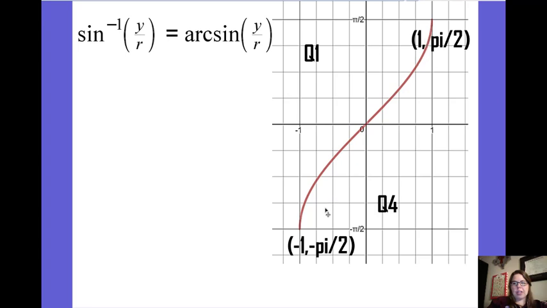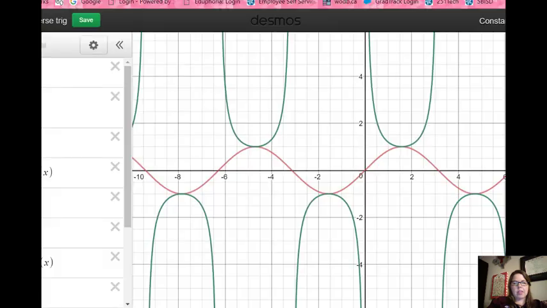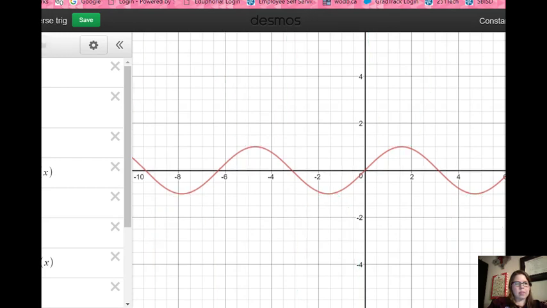So 1, pi over 2 and negative 1, negative pi over 2, whereas before on regular sine, if we go graph that, we hide all of that. So here, this point, maybe I can get that to stay. So it's 1, pi over 2 and negative 1, negative pi over 2. But here, it was pi over 2, 1, and negative pi over 2, negative 1. So those 2 points have switched places. Okay, those x and y values have switched places.